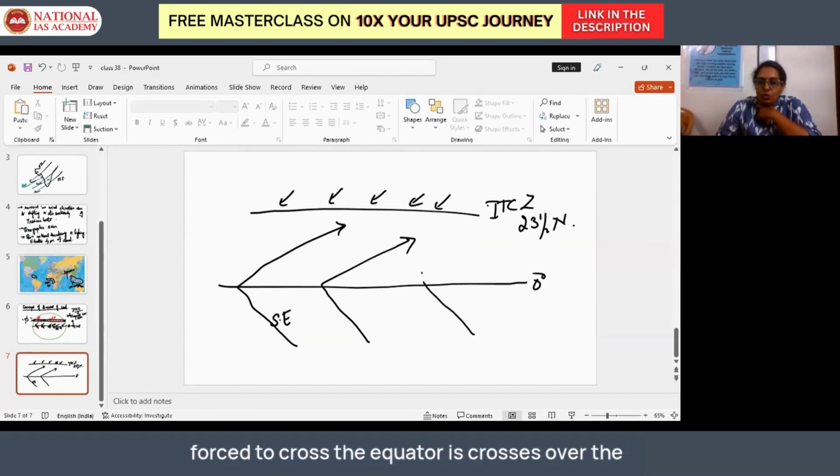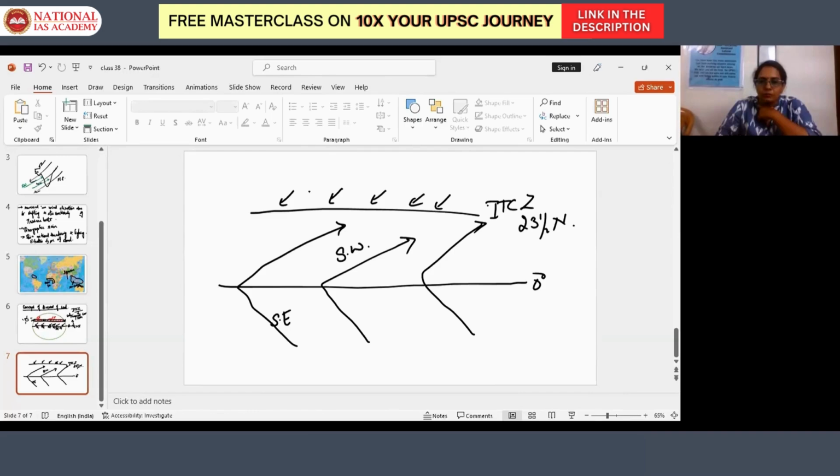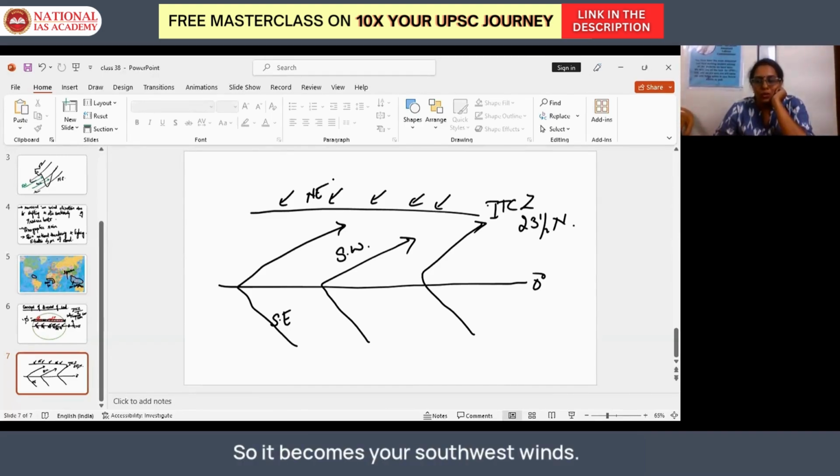It crosses over the equator and then it becomes southwest winds.